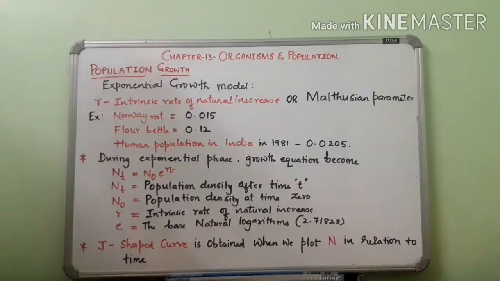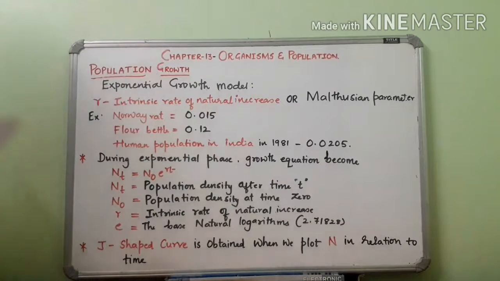This rate can be understood as the number of births minus the number of deaths per generation time. Some examples are given here.